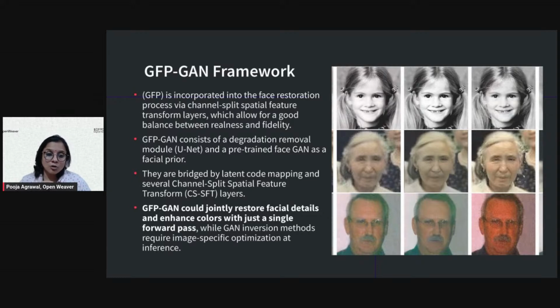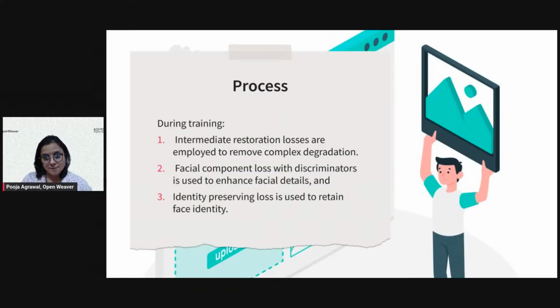Not a lot of effort had to be made, no multiple passes to get to a good quality image resolution, nor a specific optimization at the image inference. During training, intermediate restoration is employed to remove complex degradations, for example when the image is blurred.